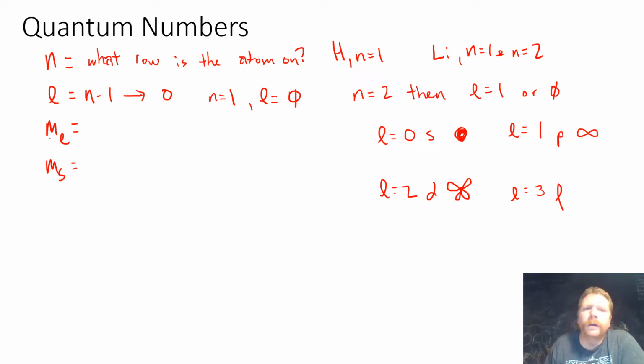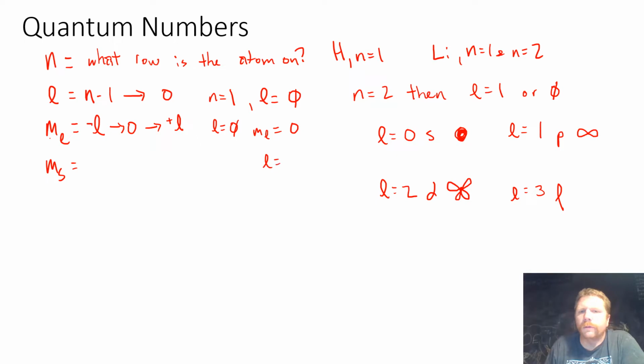Okay. Now the m sub l value, we're going to derive from whatever l value we come up with. It's going to be a range from negative l to 0 to positive l. So if l equals 0, then m sub l, well, negative 0 is still 0, so m sub l is equal to 0 as well.